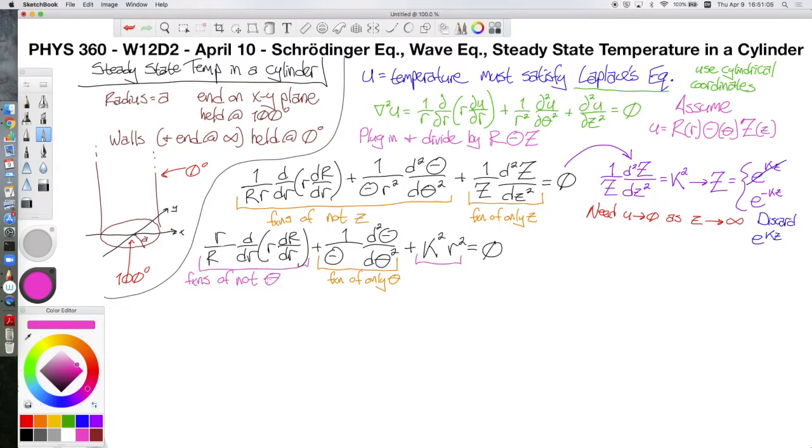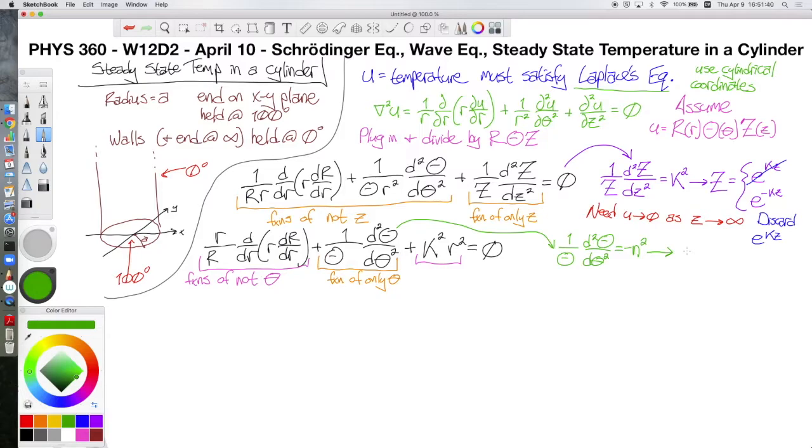So that means the part that was just a function of theta will have to be equal to some constant. So I'm going to take this theta part out here and set it equal to a separation constant of negative n squared, which has solutions that are sines and cosines.